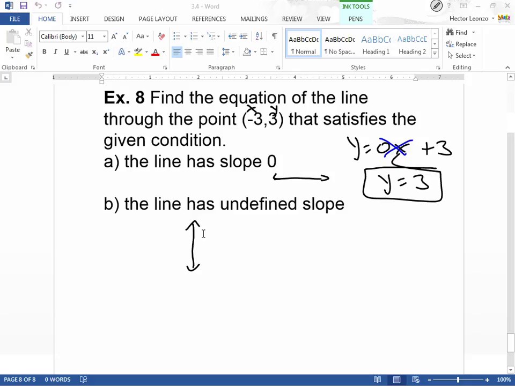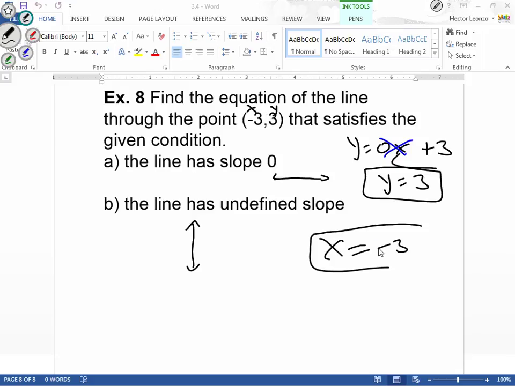The slope is undefined, so that means when we don't have a slope, when it is undefined, that means x equals something. So I'm going to go here at x equals, looking at my point, I know the x value is negative 3, so that's my equation.